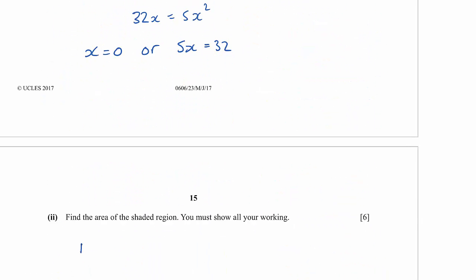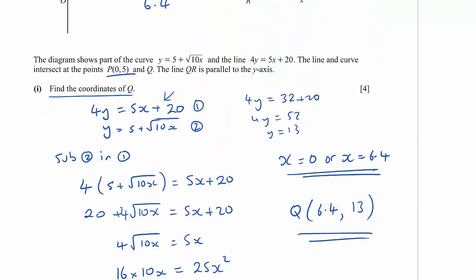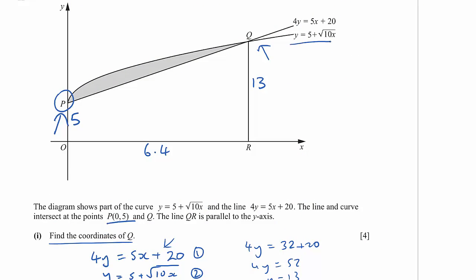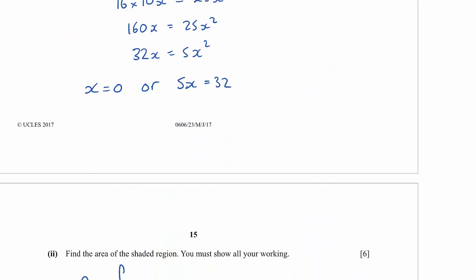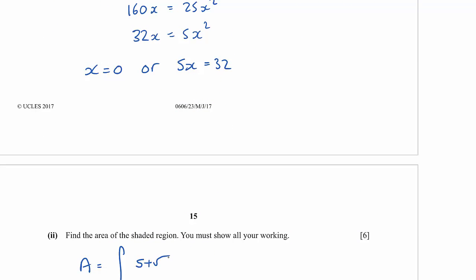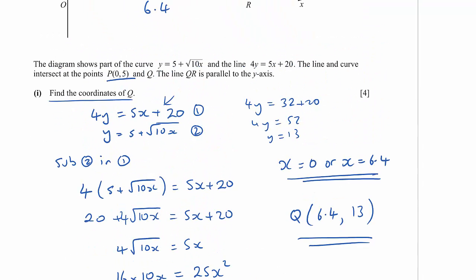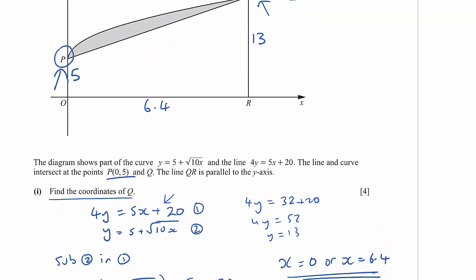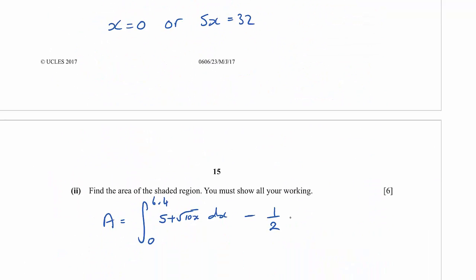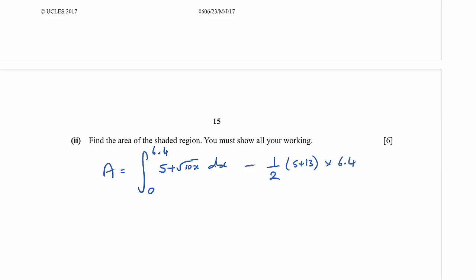So the area is going to be the area under the curve, which is going to be the integral, this is the curve, of 5 plus root 10x, and that will be from 0 to 6.4. Take away the area of the trapezium, which is a half the sum of the parallel sides, so that will be 5 plus 13, times the distance between, which is 6.4.